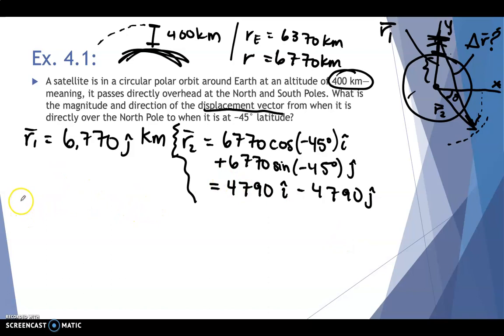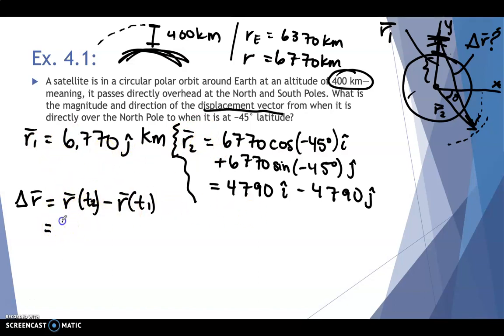So now we'll go ahead and find our displacement vector. Remember that that's going to be r at t2 minus r at t1. Okay, it's going to be that difference there. These are just the same as saying r2 and r1. I just shortened it a little bit.